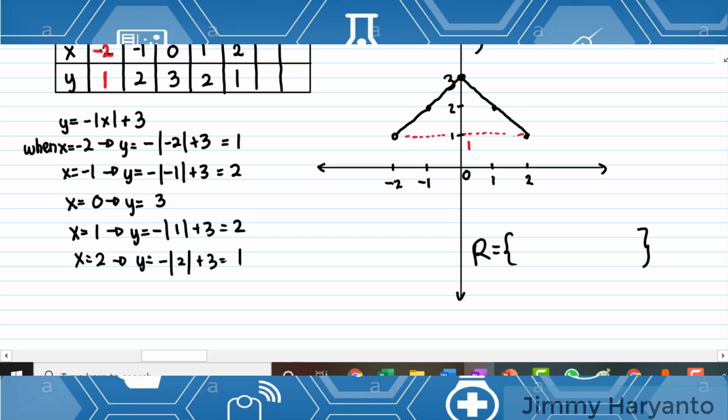The bottom part is 1, with a blank dot, the second one is with a colored dot, and the top part will be 3. So the range will be y from 1 to 3, but for the 1 we have to choose whether it has equal or not.